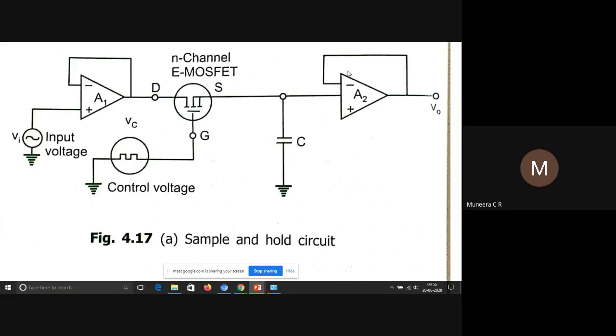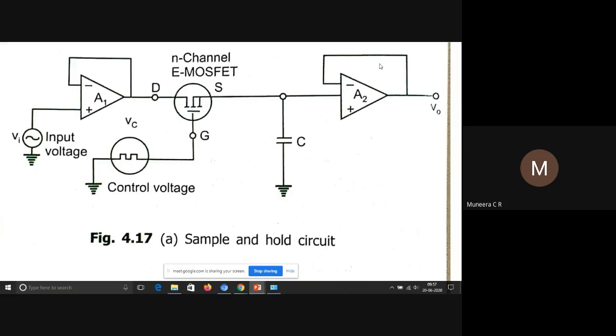And at the output side, we are again using a voltage follower.